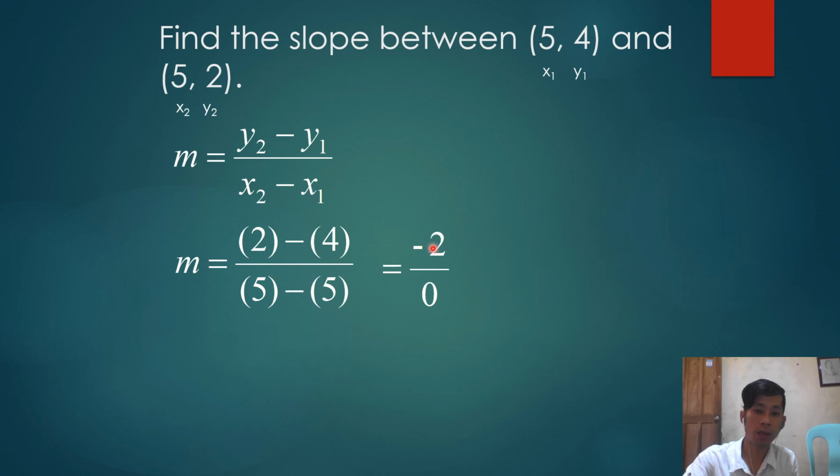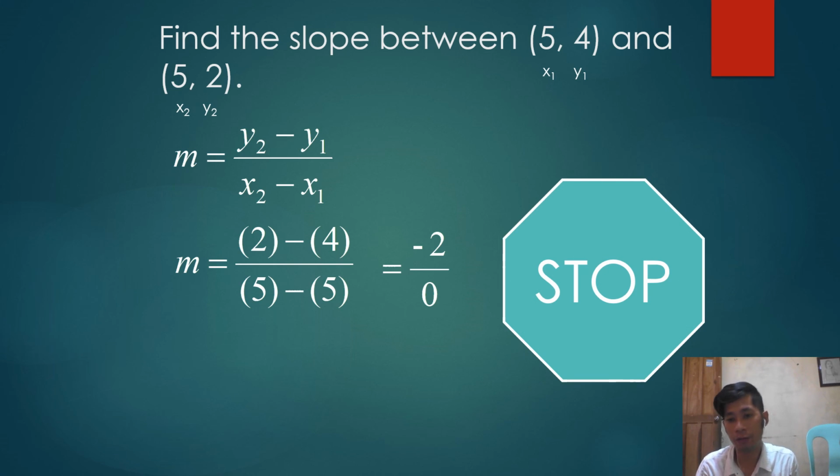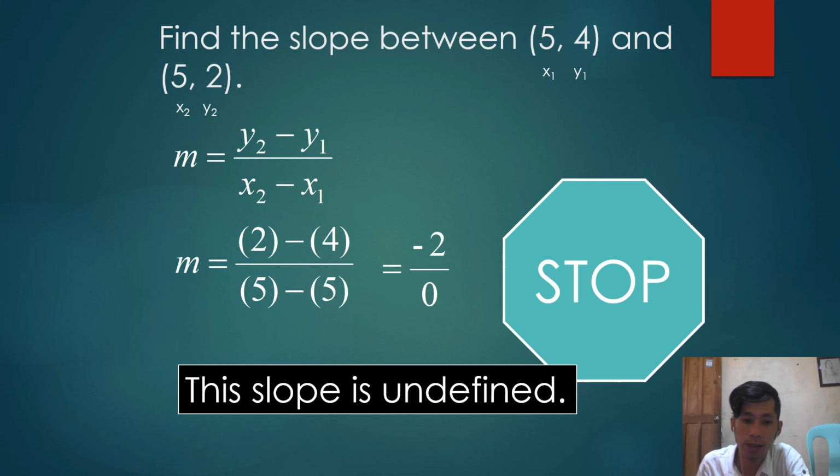So 2 minus 4 is negative 2, 5 minus 5 is 0. So if the denominator is 0, always remember, the slope is undefined, or the slope is not defined.